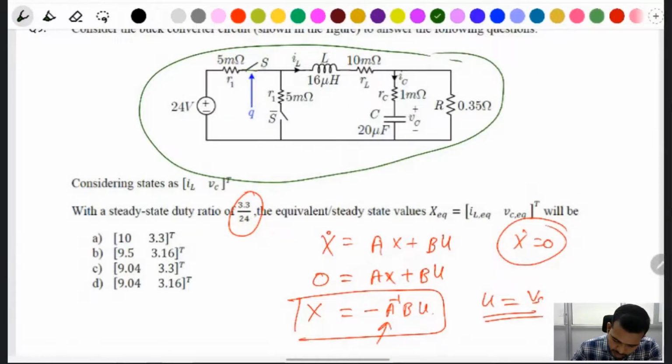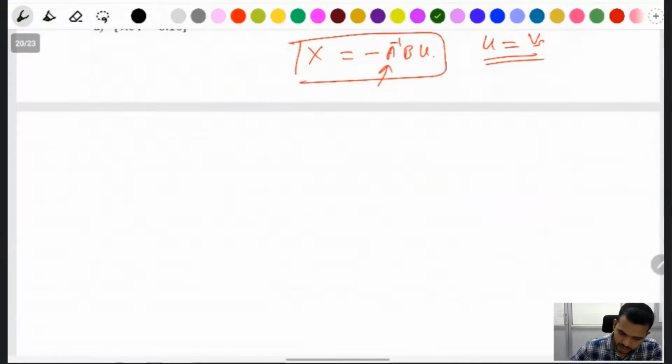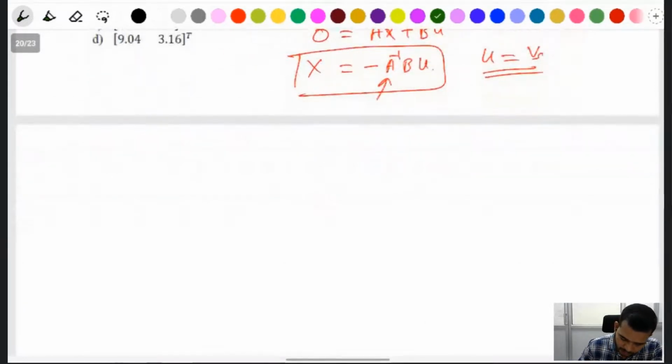I have written here: if the switch is on, this one is closed, this one is off, and the current flows like that. Here, find the VC value and the V naught value, which are not given directly. I have written it where Q is equal to 1.